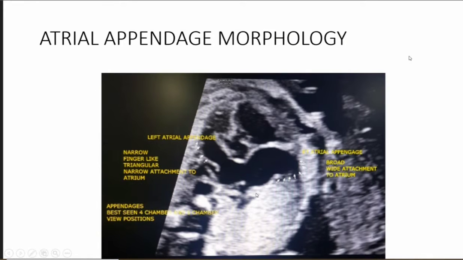So here is a beautiful picture showing the right atrial extension into a broad-based, ear-shaped, shallow right atrial appendage, and the left atrium communicating with a finger-like, linear, triangular, thin, narrow left atrial appendage. So the appendages are extremely helpful in order to understand which is the right atrium and which is the left atrium.